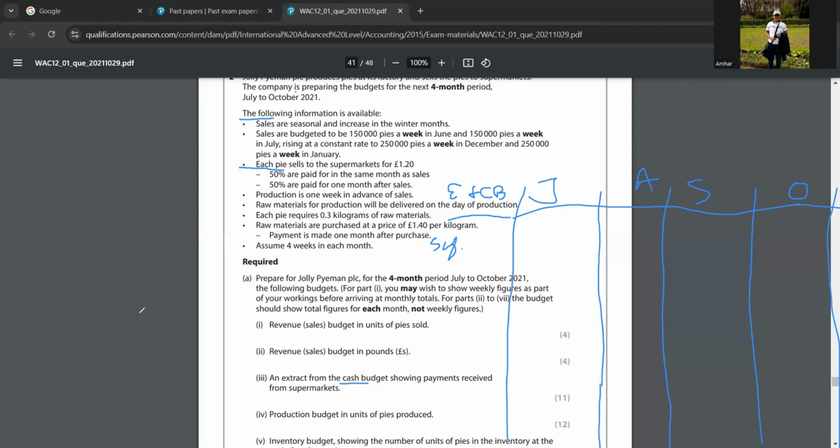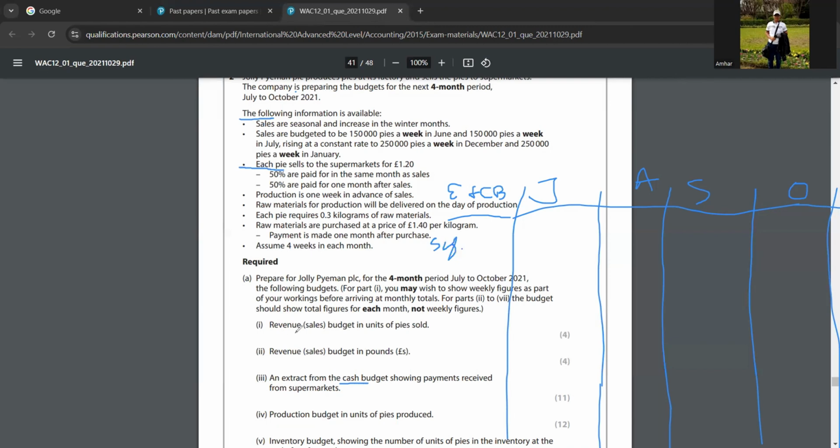Earlier, can you remember in this second part, revenue, sales budget? How much did you get for July? Sorry, monthly 600,000. The answer that you got in the second one, revenue? Yeah, 720,000.